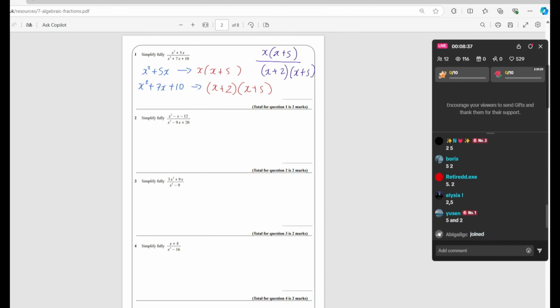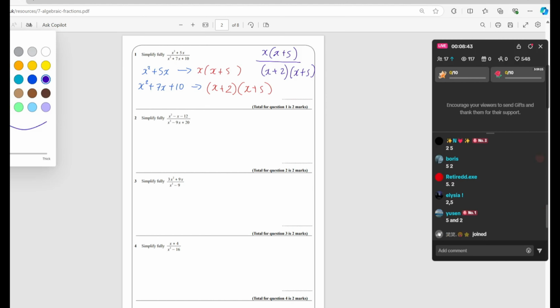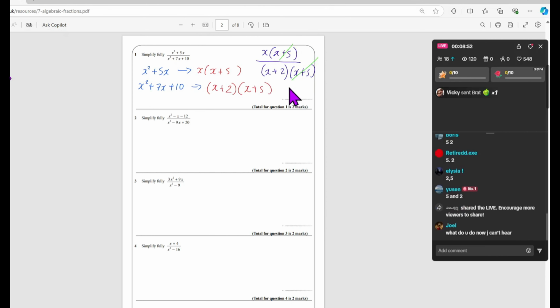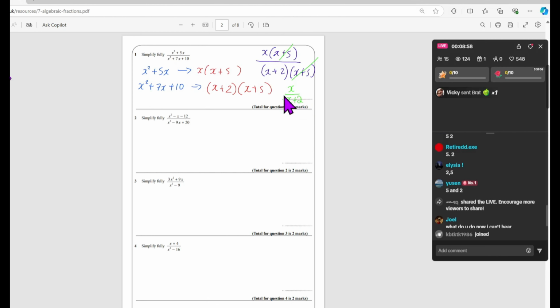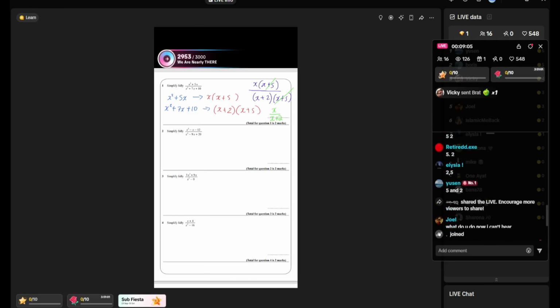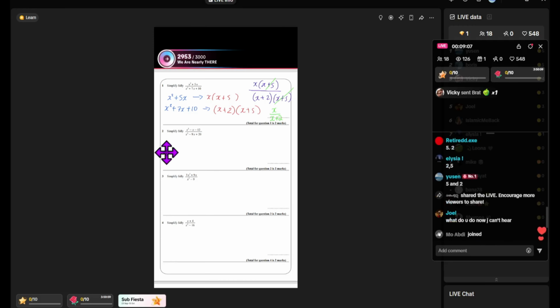When you're dividing in algebra and you see something common, you can just cancel them out. So x plus 5 and x plus 5 are the same, so I'm going to cancel them out. And that is literally it. Then we're going to be left with x over x plus 2. That'll be the final answer.